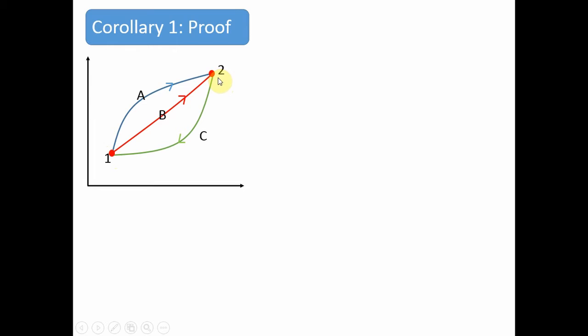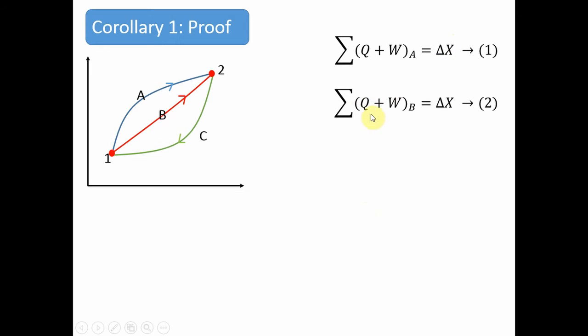And let's take another third process, process C, which brings state 2 back to state 1, making two independent thermodynamic cycles, cycle AC and cycle BC. From the corollary, we can say the heat and work transfer in path A is equal to the change of the property X. Again, from the corollary, putting into process B, we can say heat and work transfer along path B is equal to the change of the property.